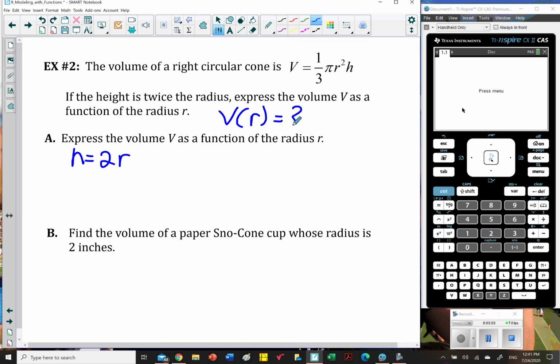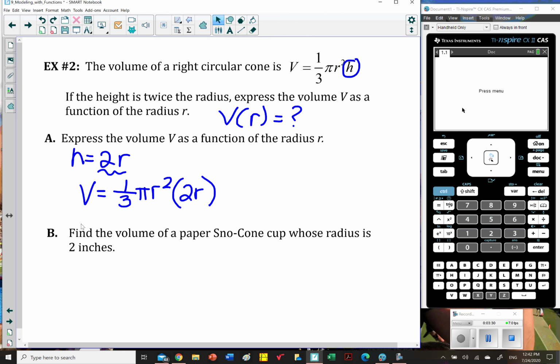So we need to get rid of this h and substitute this expression for h. Volume is 1/3 pi r squared times h, but we're substituting 2r. That gives us a formula for volume in terms of radius.